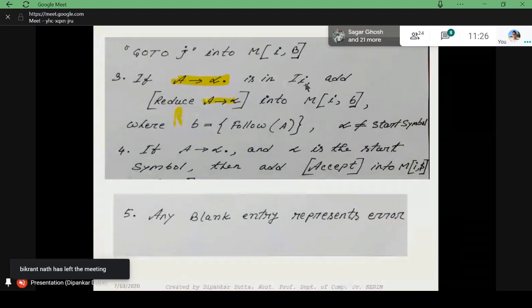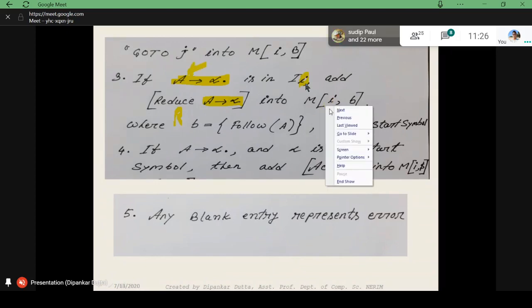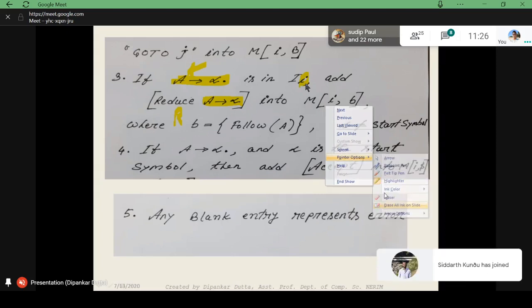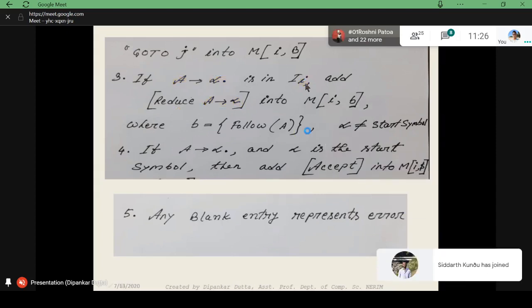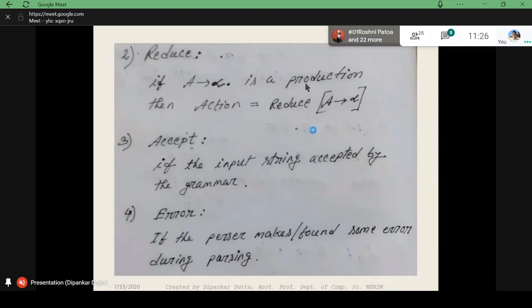You can write this complete production also, don't worry about it, but avoid this practice. Use any number into M of I, B, where I is where it is available and B is in follow of capital A. Done. So now look for another example.